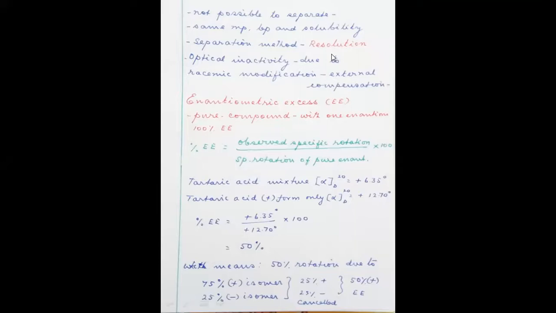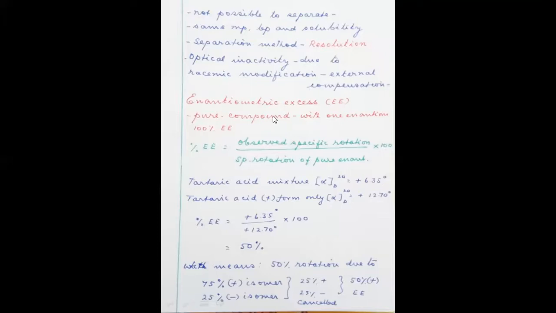Enantiomeric excess means where one particular compound is found slightly in excess. Suppose you are having only one type of enantiomer, say plus lactic acid alone. It means that it is 100% enantiomeric excess because it has only one isomer.